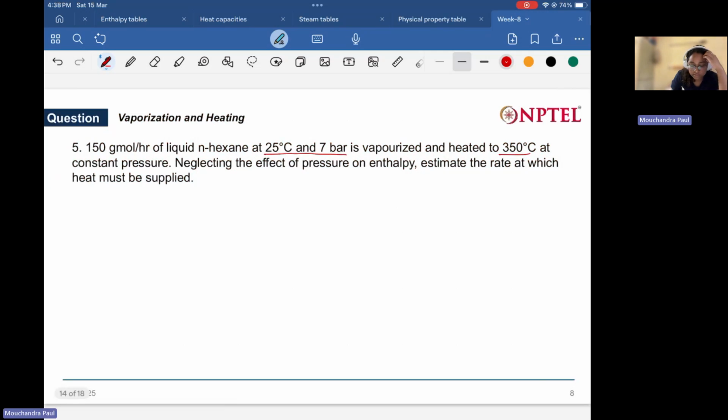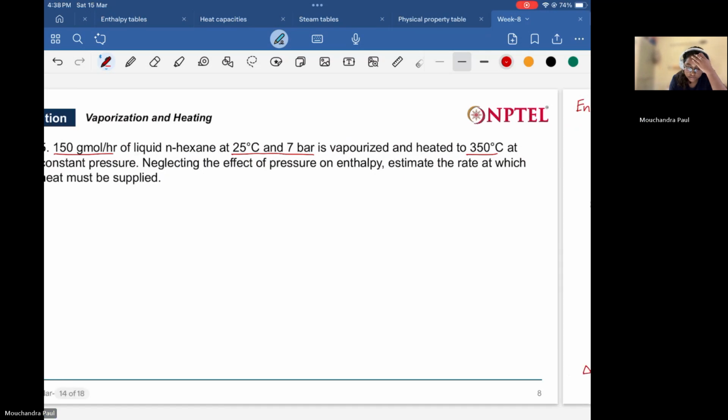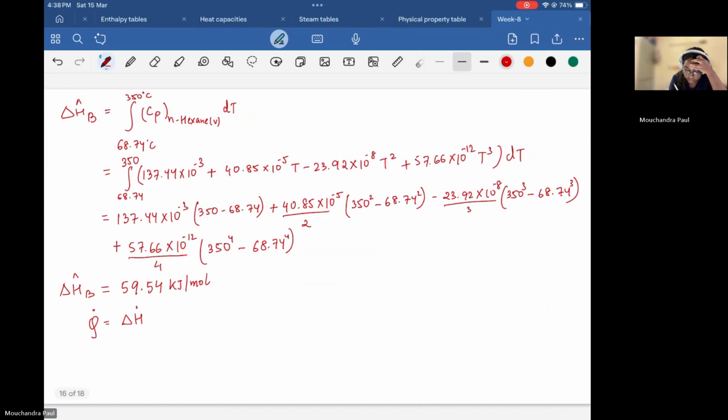Now we are given a rate of 150 gram mole per hour, times delta H hat.